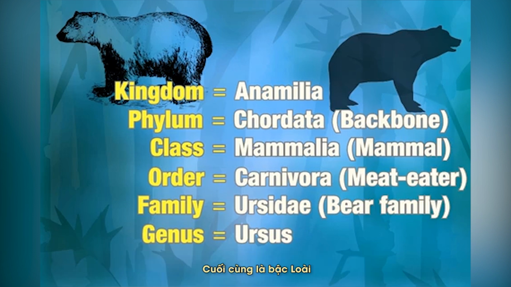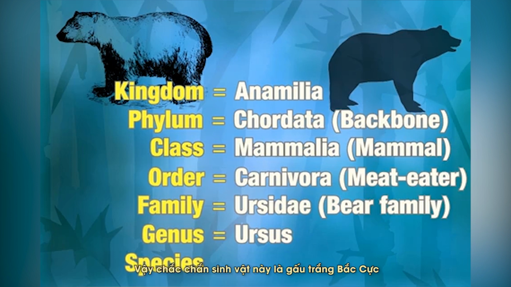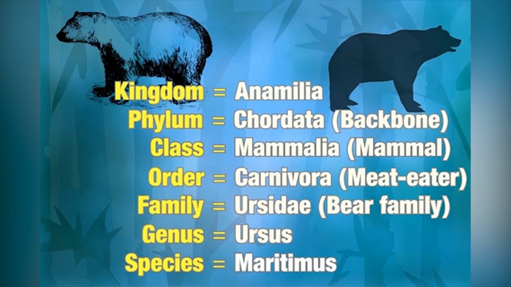And now we're down to our species. This one is the one that separates it all. The species that we're speaking of, boys and girls, is the Maritimus, which happens to be Maritimus having to do with the water, our oceans.